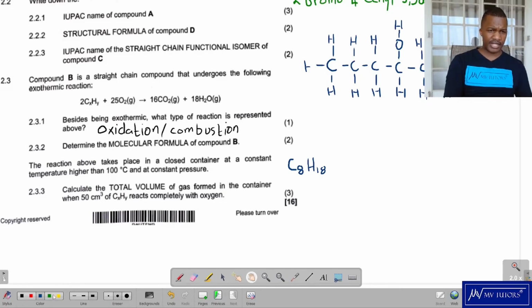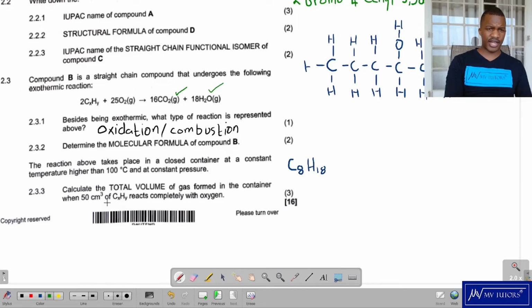They want the total volume of gas. Now if you look at this, we've got CO gas, CO2 gas here, and then we've got H2O gas over here. So then we have to add and consider both of them.